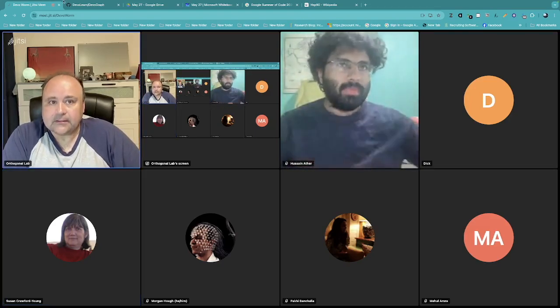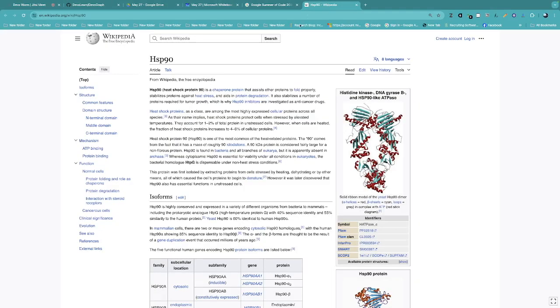And there are other heat shock proteins besides HSP90. This is just the one that they focus on with these heat shock experiments. So you can expose an organism to all sorts of stresses, and it exhibits a similar response.